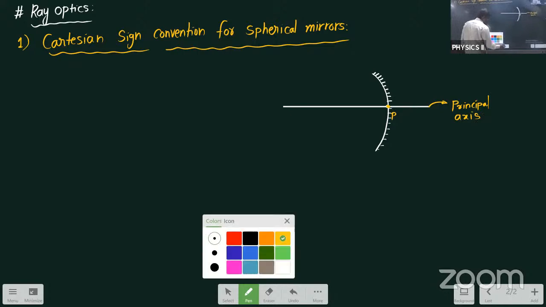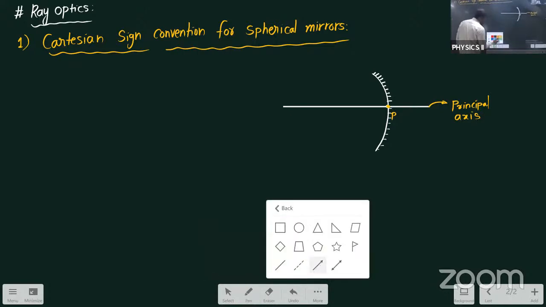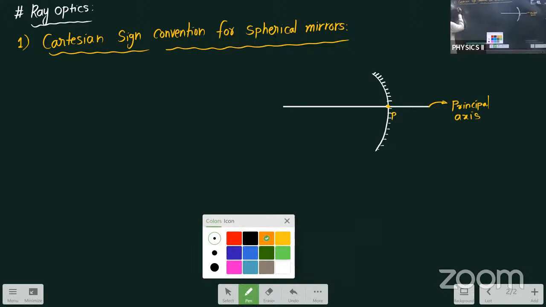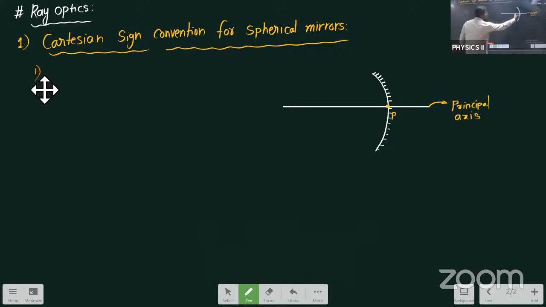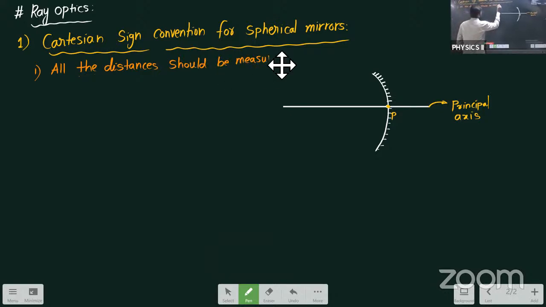The first point in Cartesian sign convention: all the distances should be measured from the pole. This is the first sign convention you should remember.